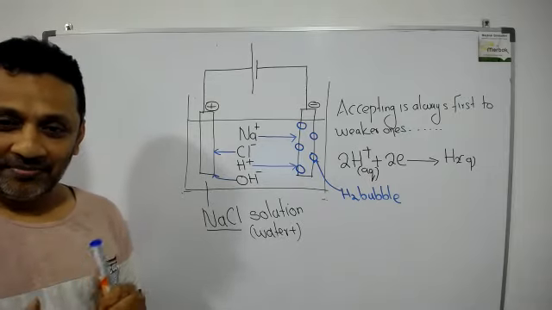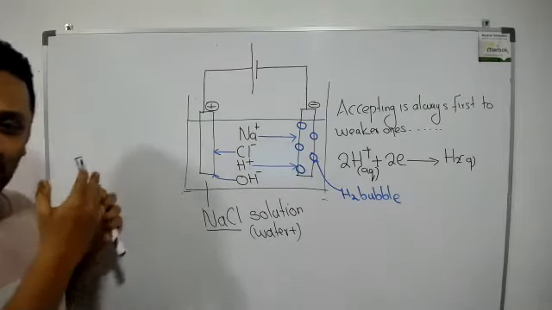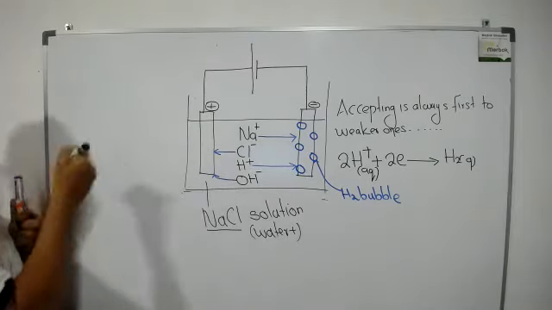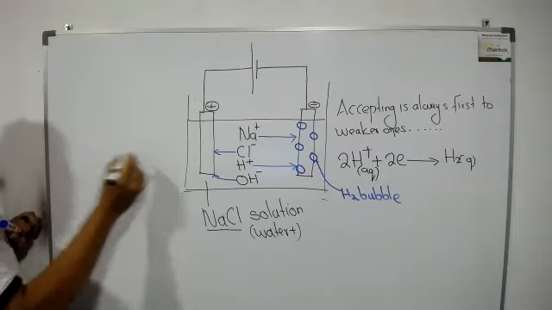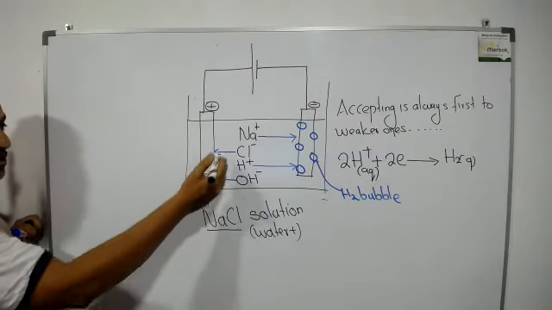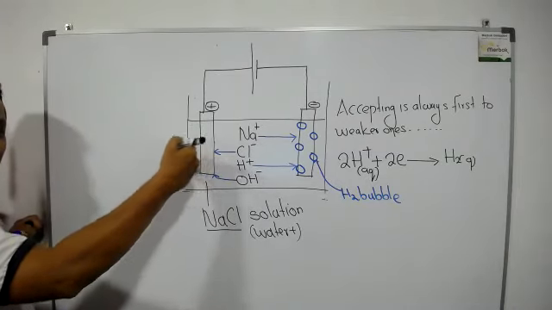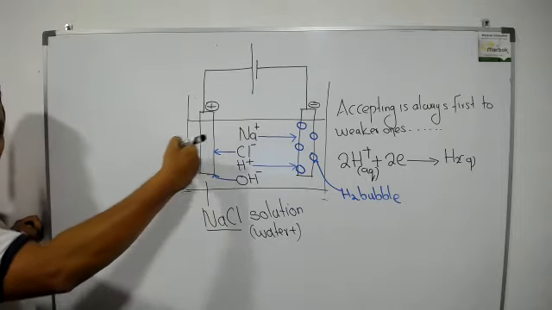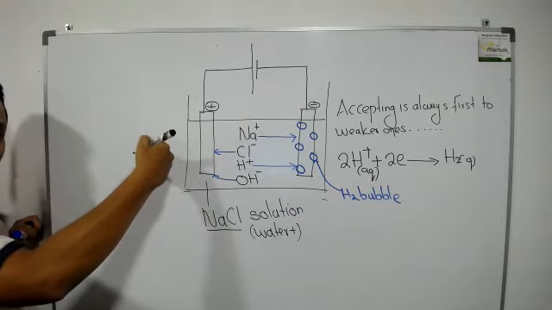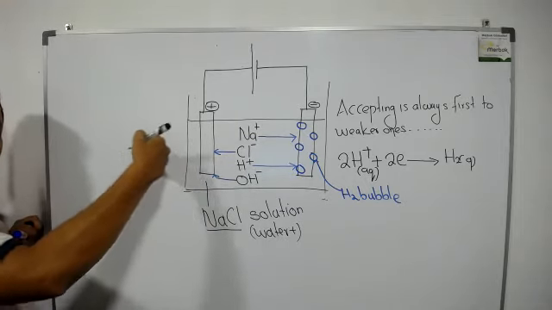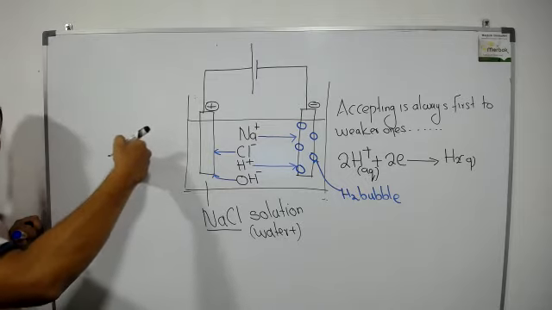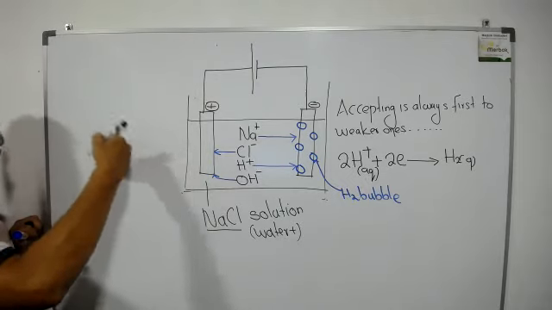Okay. Let's stop that story and come to the left side. Cl minus and OH minus, both are coming to the positive electrode.